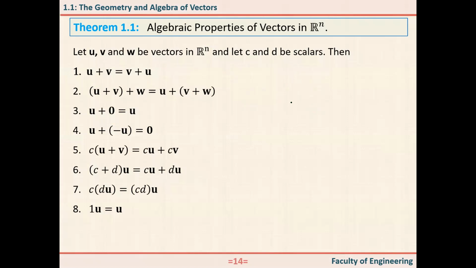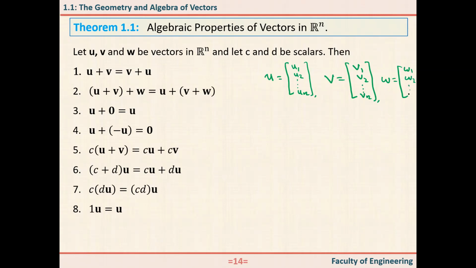In general, u has n components: u sub 1, u sub 2, dot, dot, dot, u sub n. Also v has n components, v sub 1, v sub 2, dot, dot, dot, v sub n. And also w, the same thing, w1, the first component, and second component, up to n components.